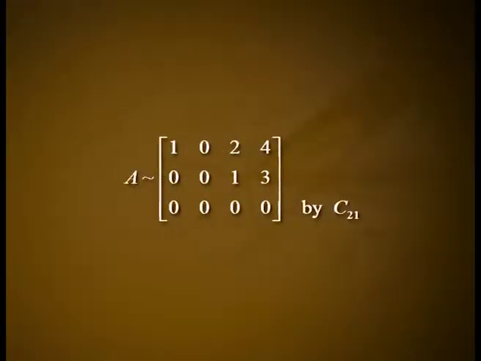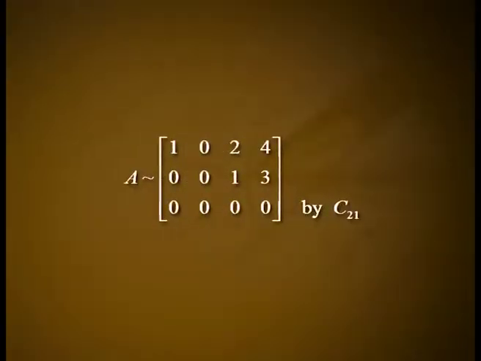Remark. It may be noted that while reducing a matrix to its normal form, we can perform both row and column elementary transformations. Example 2. Reduce to normal form the matrix A equal to [0 1 2 4; 0 0 1 3; 0 0 0 0]. Solution.